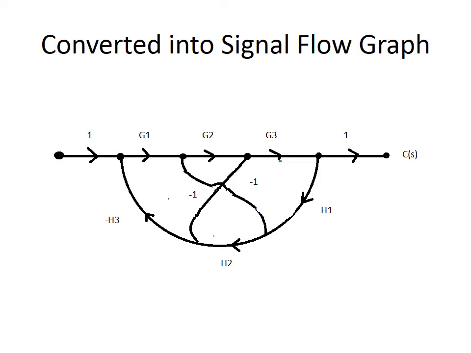All the summers and takeoff points are replaced with nodes and individual branch gains are represented as G1, G2, G3. Individual feedback gains are represented as H1, H2, H3. The negative feedback is represented as -1 in the first two cases, and in the third case H3 is multiplied with -1 and minus H3 is presented over there.